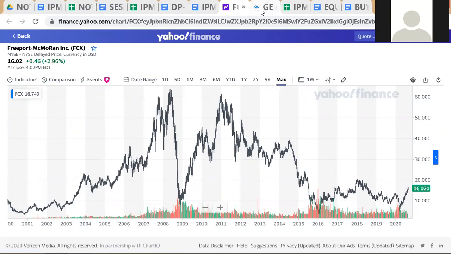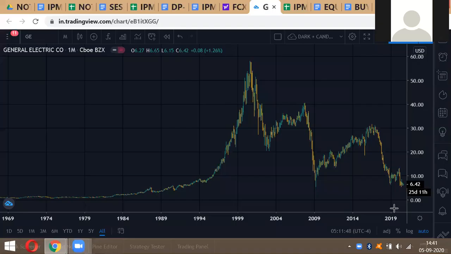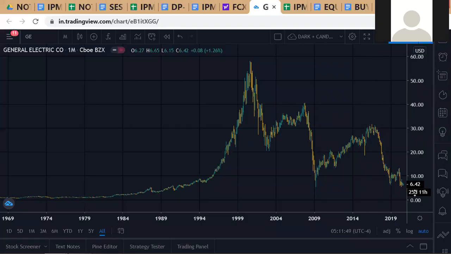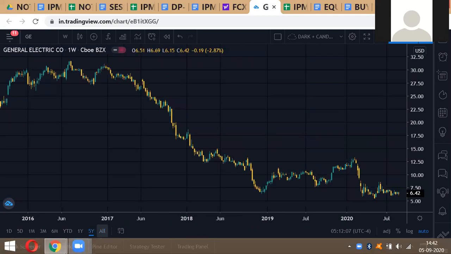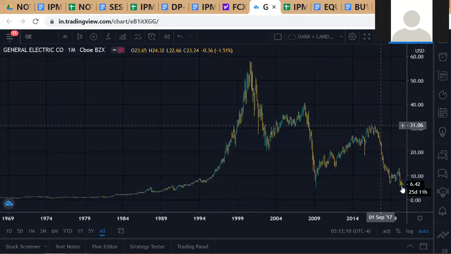But here also, if I look at this GE chart, and I decide to look inside this part, say from 2016 to 20, so if I go into the 5-year chart, the decline from roughly $30, initially it looks like almost one straight line, except for this one part here.